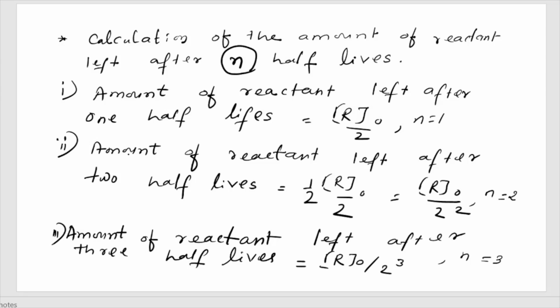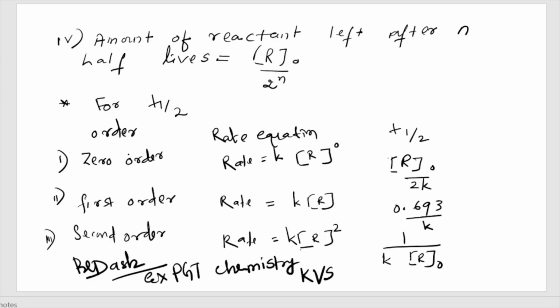If n equals 3, 2 to the power 3. That means you will calculate the amount of reactant left behind, as I also told before. Then for n half-lives, the formula is the initial concentration of the reactant divided by 2 to the power n.